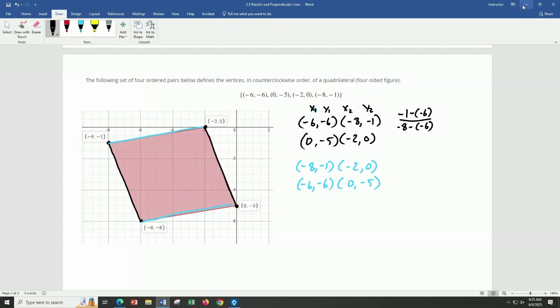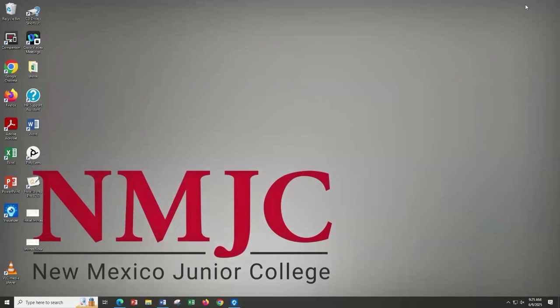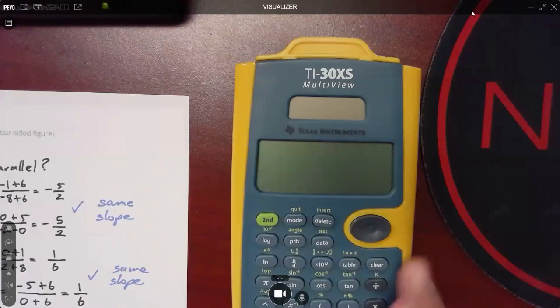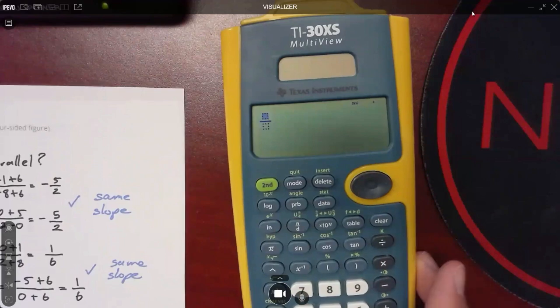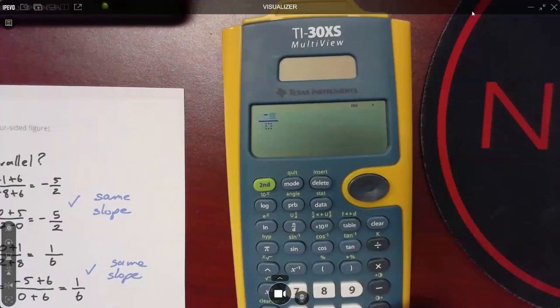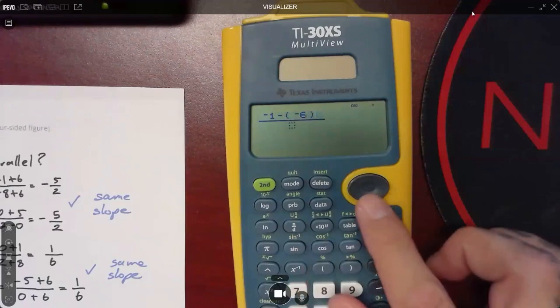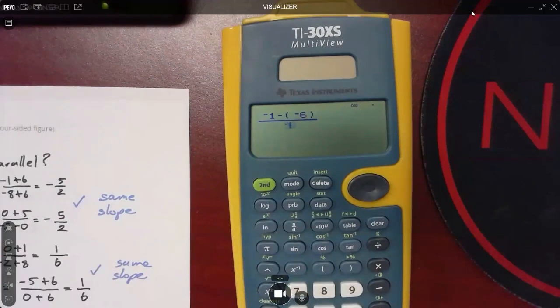If you'll permit me once again, to make your life a little easier, I'm back over here. Hit my fraction button. And then once again, I'm gonna put negative 1, minus negative 6, and then negative 8 minus negative 6. Notice how I'm putting things in parentheses. And there we go, negative 5 over 2.